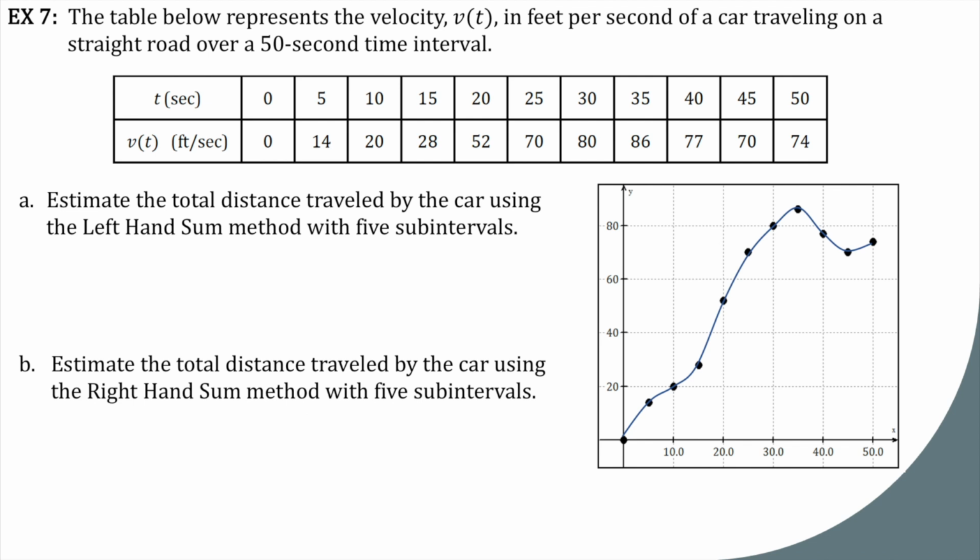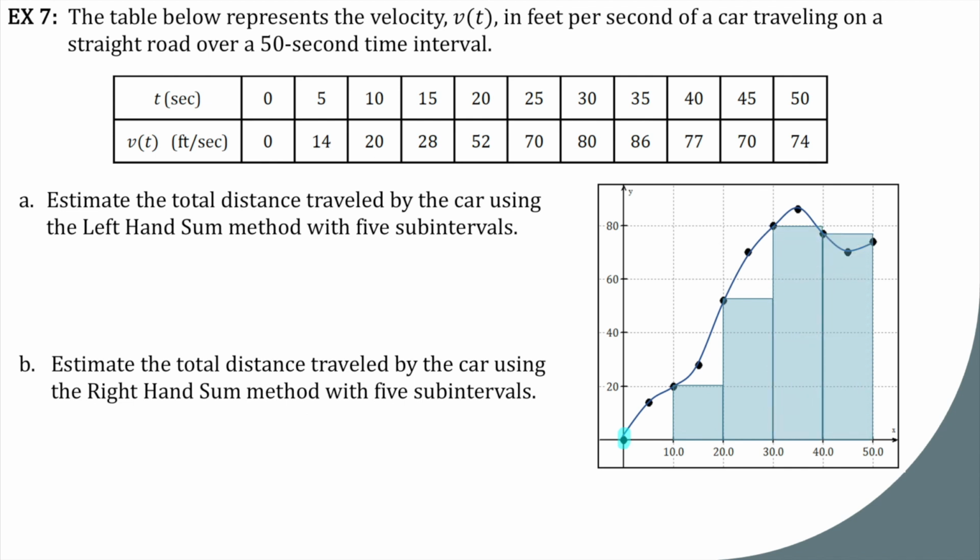Now for a left-hand sum, the top left hits the function. So this first rectangle has a height of nothing. Then we have another rectangle that hits at 20, and another that hits at 52, and then another that hits at 80.